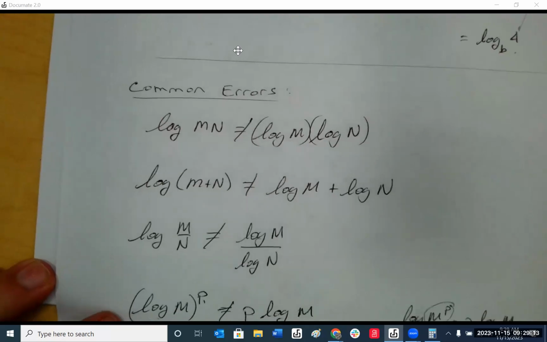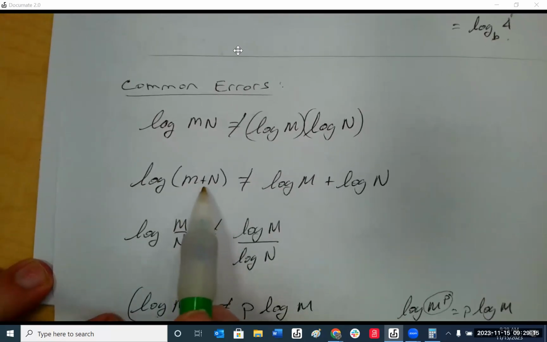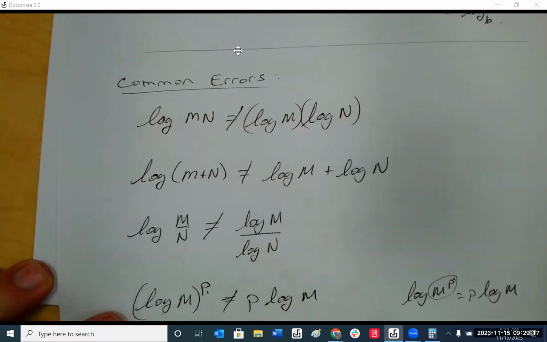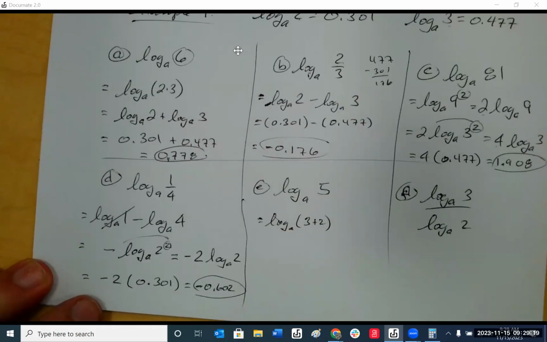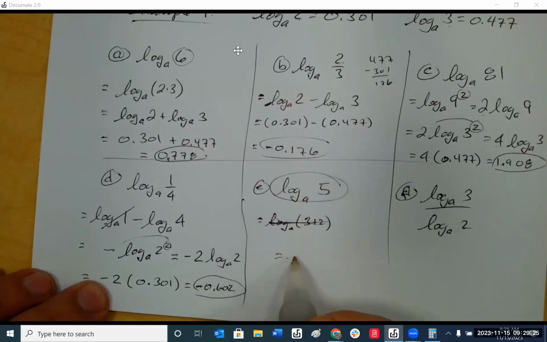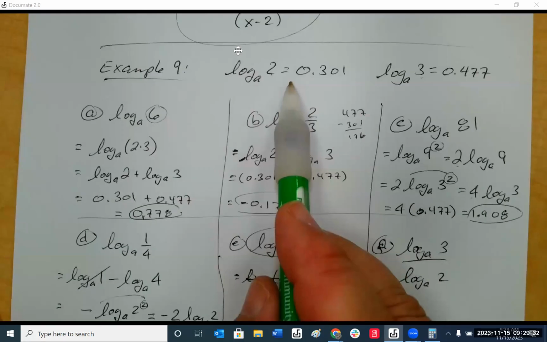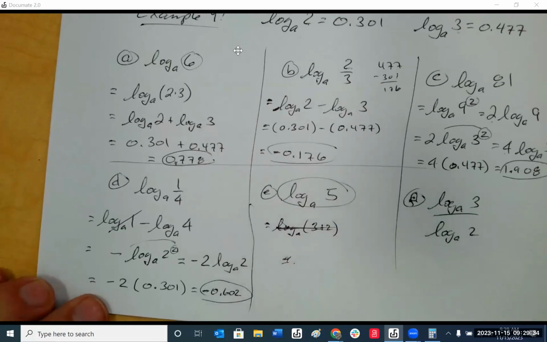Common errors. You cannot add inside a logarithm. So this one is as far as it goes. We would have to use the change of base formula, or just leave it as it is, since all we're given is log base 2 and log base 3. So this is as far as it goes.